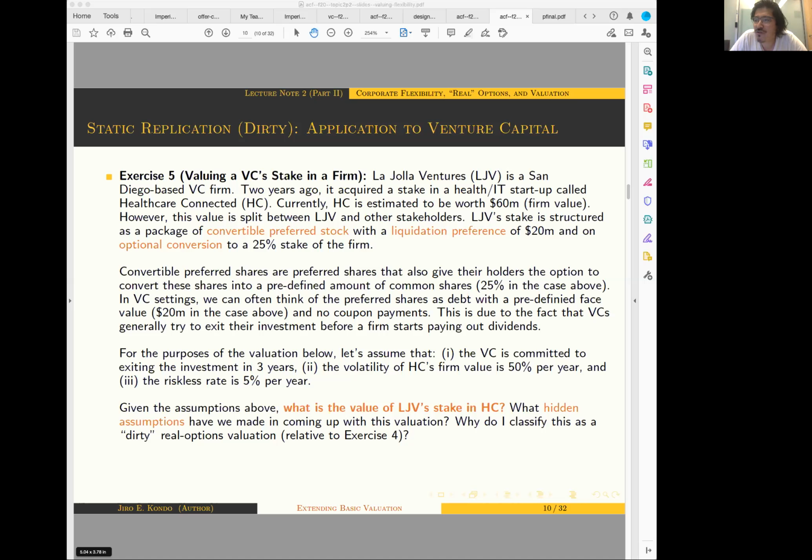LJV's stake is structured as the following financial package. The security that LJV owns is something called convertible preferred stock with a liquidation preference of 20 million and an optional conversion to a 25% stake in the common equity of the firm.